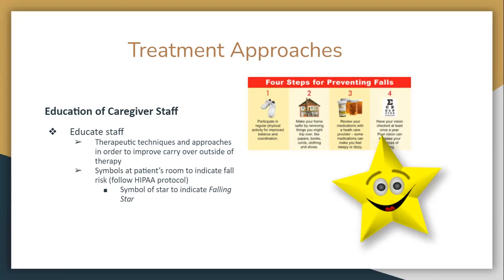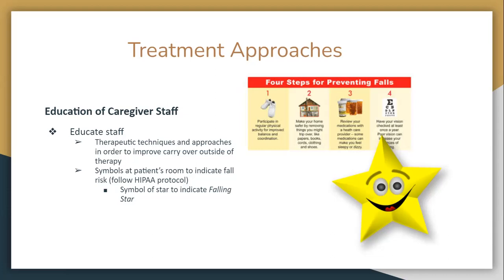At the Northridge, we are able to incorporate symbols outside of a patient's room, indicating a risk behavior. In the case of Velma, we have a star outside of her room, indicating that she is at a high risk for falling.